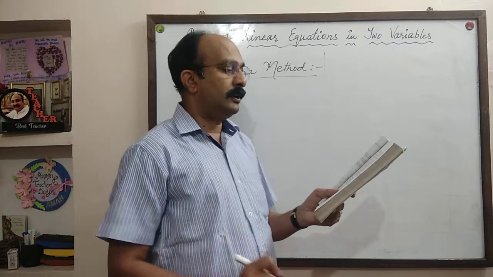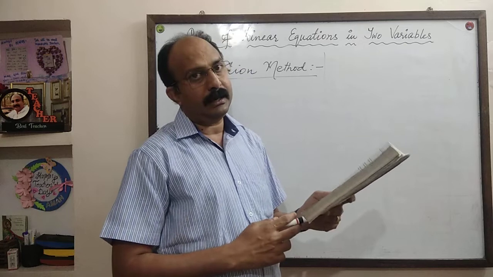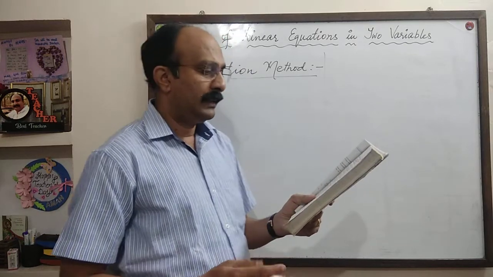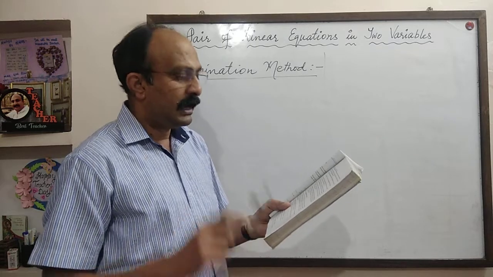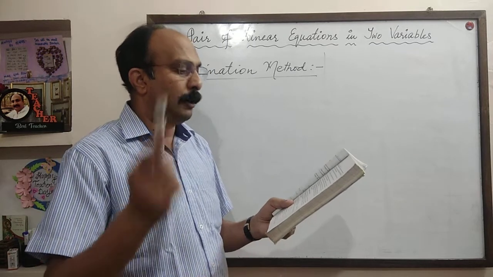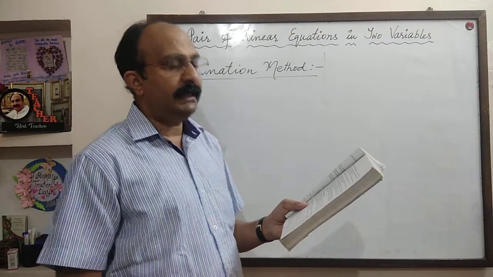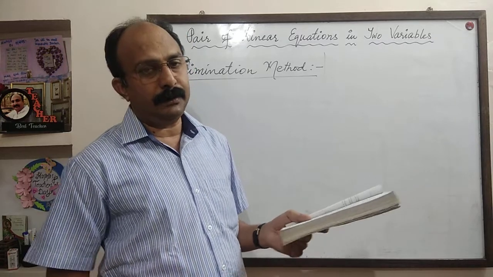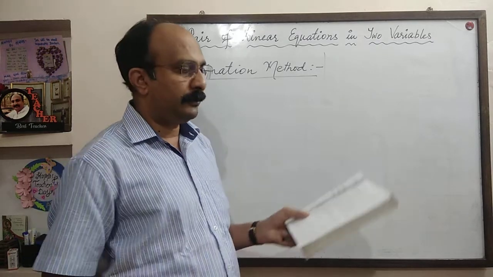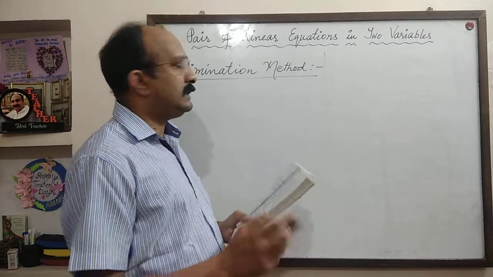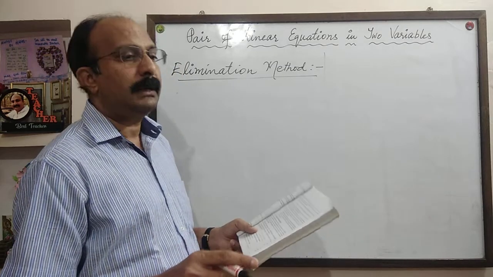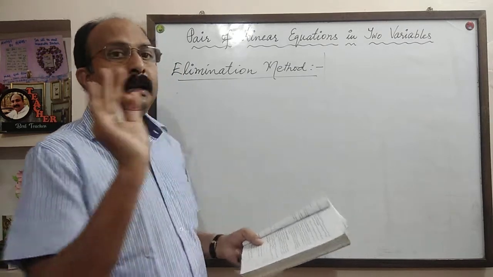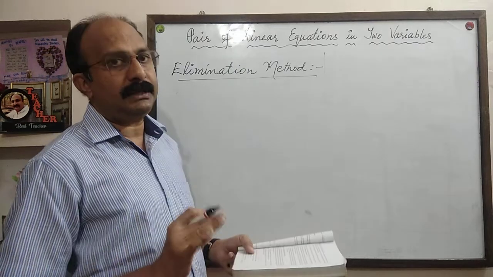Also, 9 times this number is twice the number obtained by reversing the order of the digits. Find the number. In this type of question, where the relation is given between the digits of a two-digit number, our supposition is unit digit and tens digit.